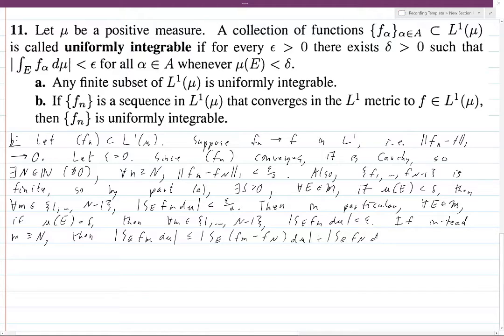So here we're introducing f sub capital N, and we subtract it here and we add it here, so that we have two things that we know how to control. This first one is just, by bringing the absolute values inside, the L1 norm of f_m minus f_N, and then the other side we know from the previous argument is less than epsilon over 2. So I guess this is technically a less than, whatever.